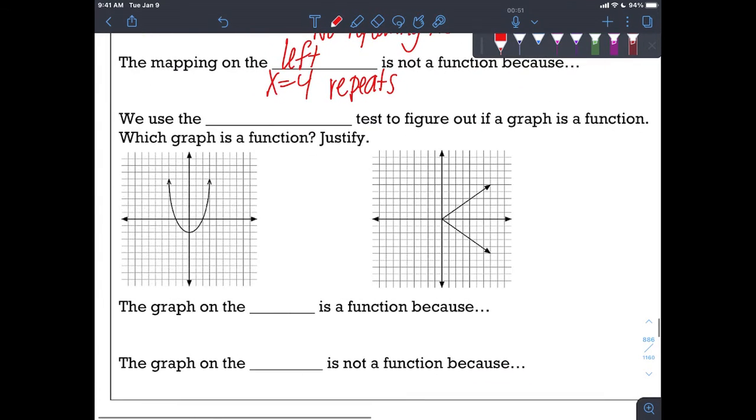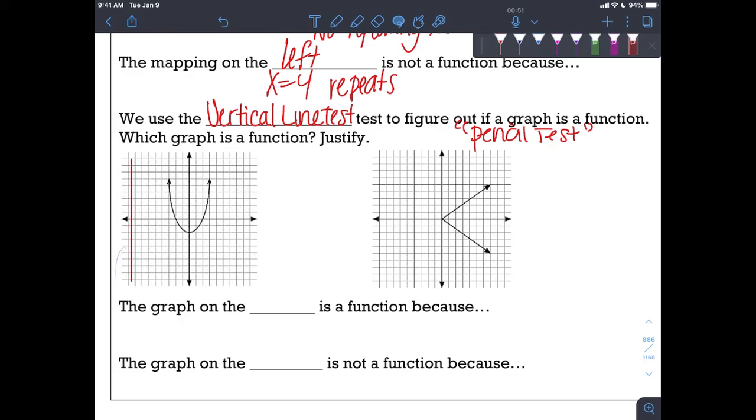Now, we can also use, as I mentioned earlier, the vertical line test. Sometimes you will hear people call this the pencil test. That's the usual name for it. But the official super fancy name is vertical line test. So, the way that you do this, I want you guys just to imagine that this is a pencil. Take your pencil, run it across your graph like this.